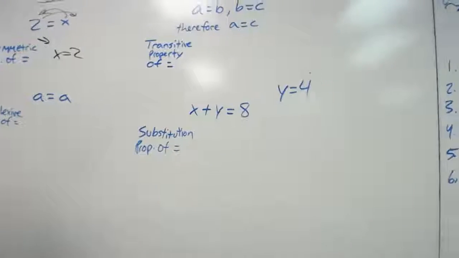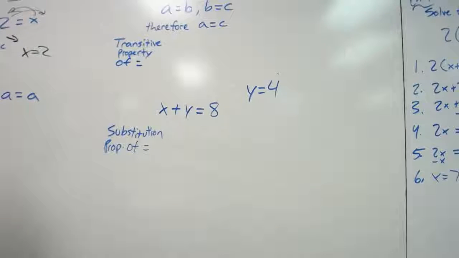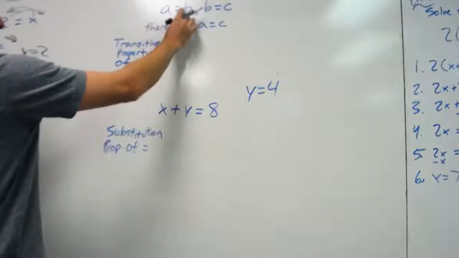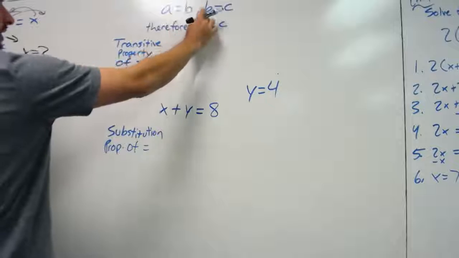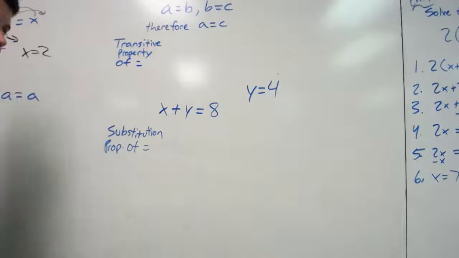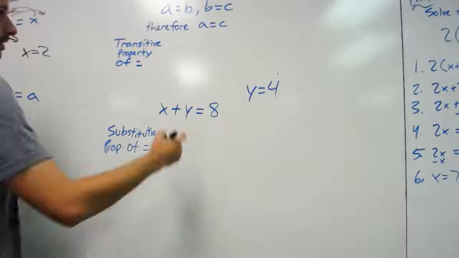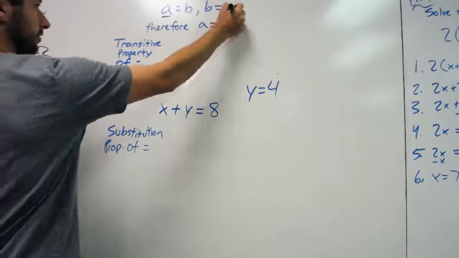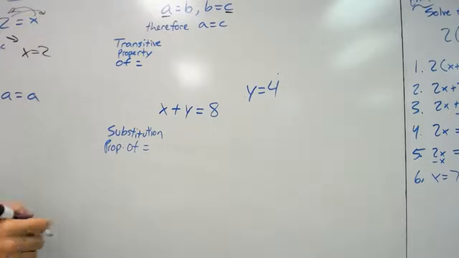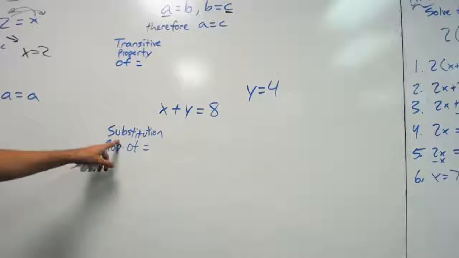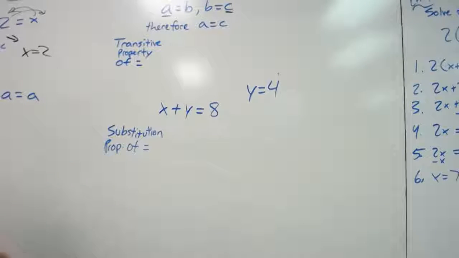You have the transitive property of equality, meaning if A equals B, B equals C, therefore we can conclude that A equals C. That's transitive property. Discussed that before, and there will be examples in which we use that to show it algebraically. And then you have the last one here, substitution property of equality.